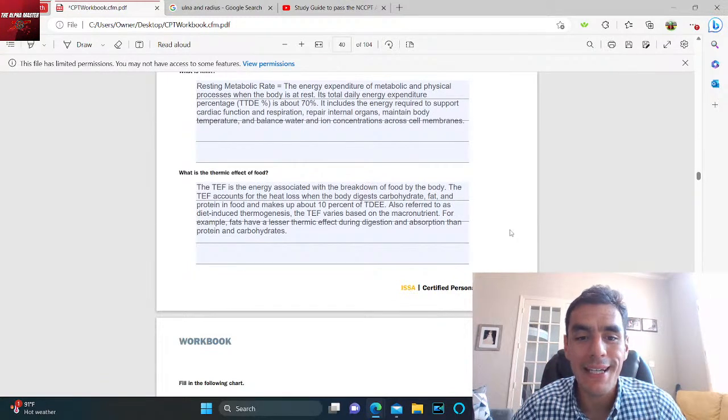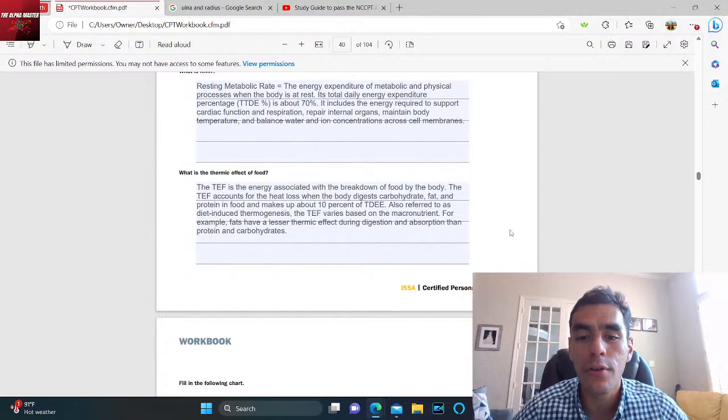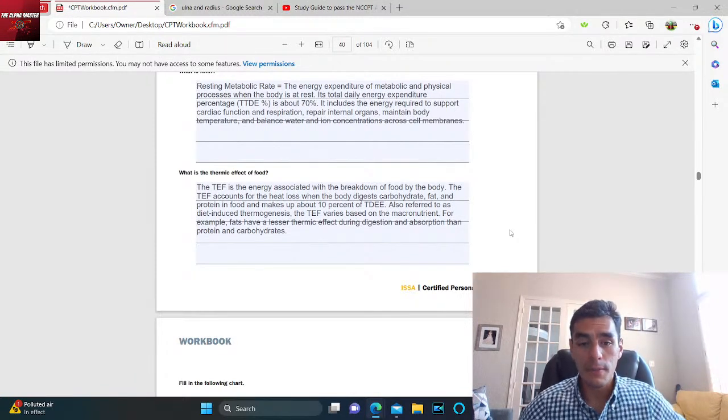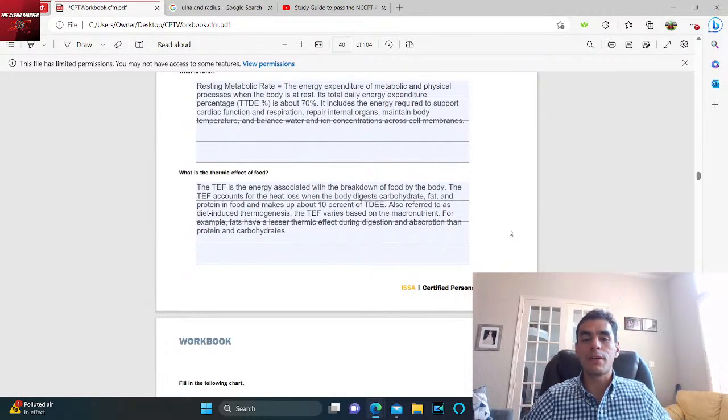The TEF accounts for the heat loss when the body digests carbohydrate, fat, and protein in food and makes up about 10% of the total daily energy expenditure. Also referred to as diet-induced thermogenesis. The TEF varies based on the macronutrient.